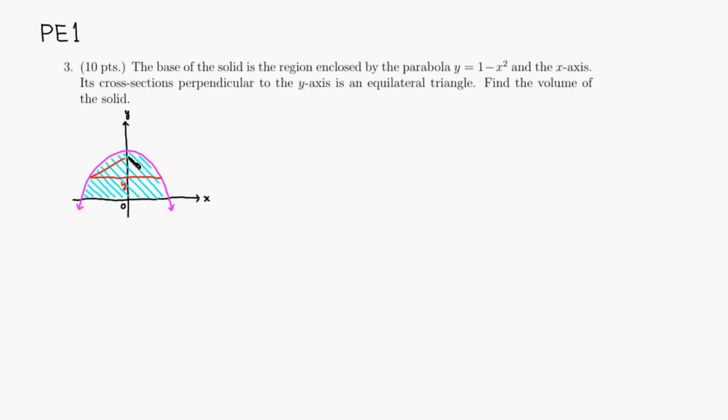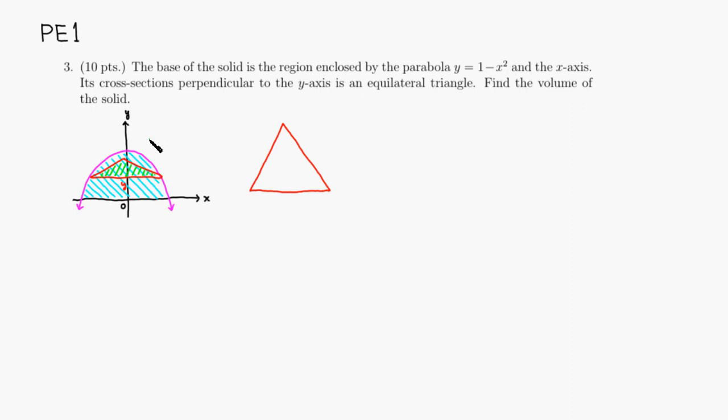So you have an equilateral triangle like that. All you really need is the area function of this cross section, A of y. So we want to know the area right here.